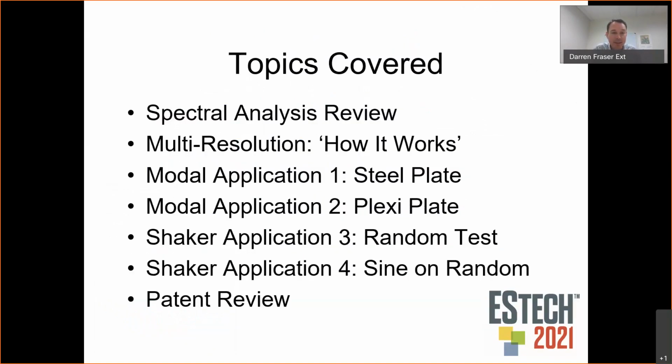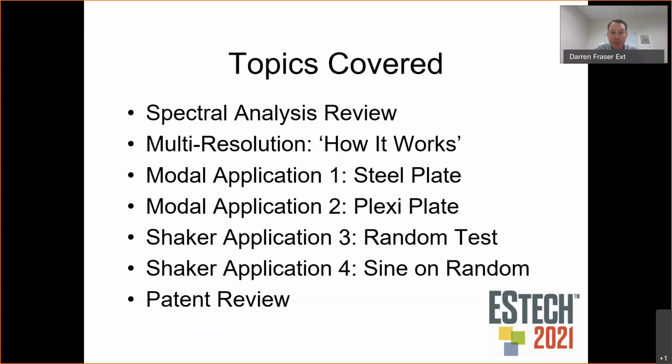Okay, with all that being said, let's dive into some of the topics I'd like to touch on here today. The first thing I'd like to do is start with a review of spectral analysis in general. From there, I'd like to move into multi-resolution and explain what multi-resolution is and how it works. I'd then like to follow that up with a few examples or applications.